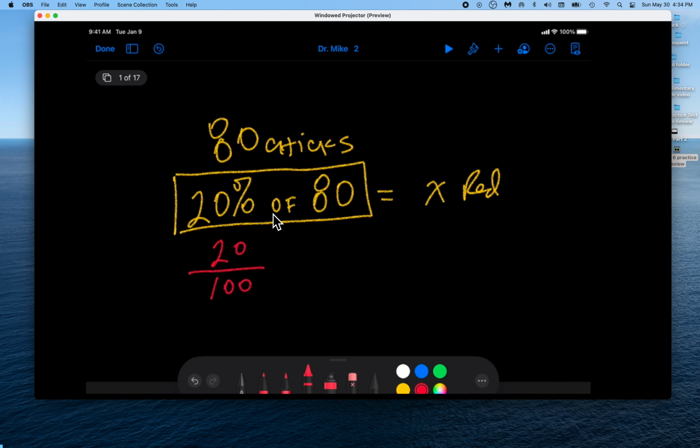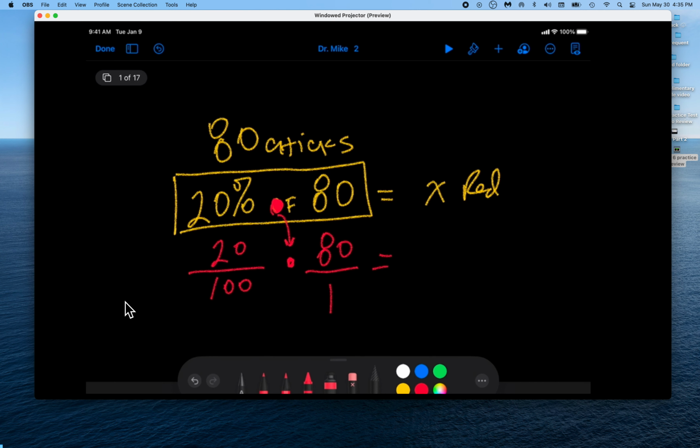This "of," think of it as being circled in, becomes a multiplication sign. And then 80 gets rewritten. And you can put a hidden 1 in here to set up your math. This is what we need to do to find our answer.